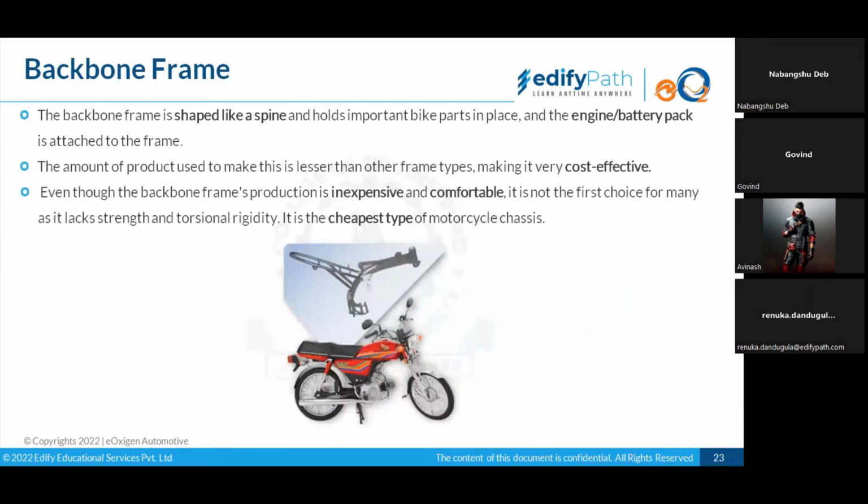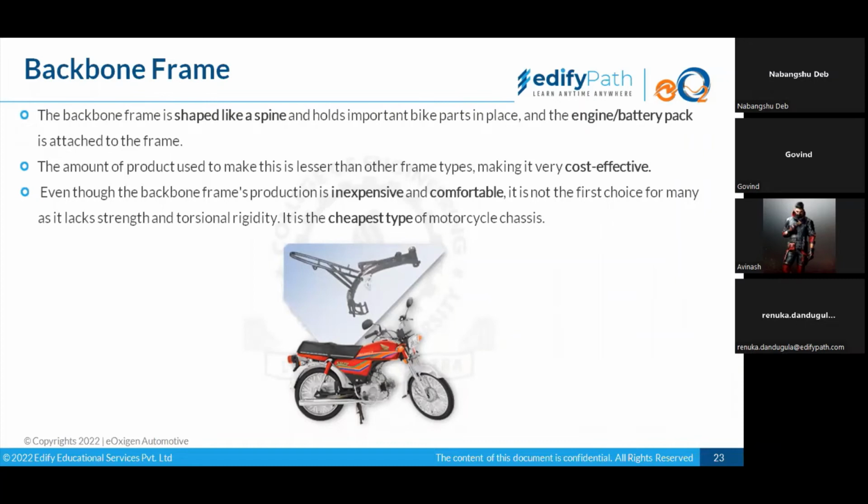This is called a backbone frame. The backbone frame is shaped like a spine, like the spine of the body, and holds important bike parts in place, and the engine or battery pack is attached to the frame.